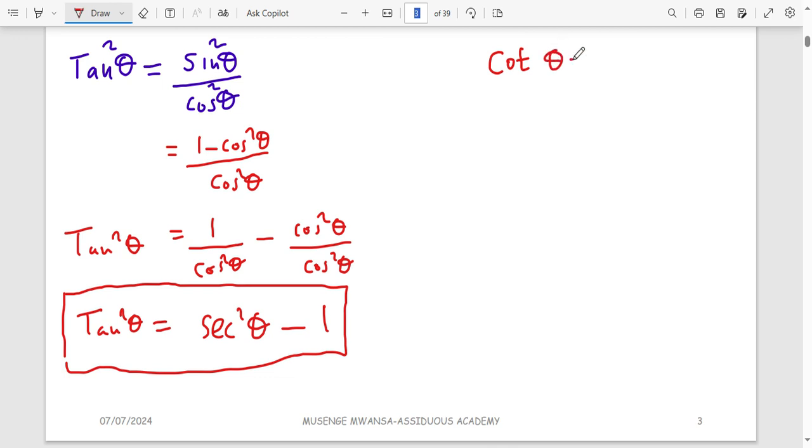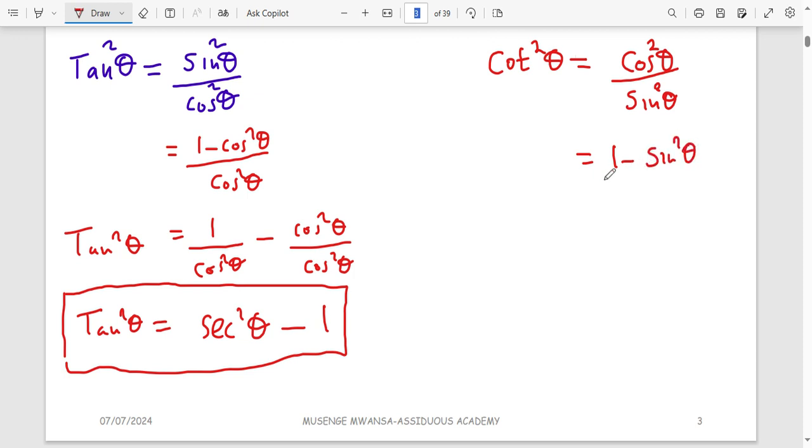And cot theta, since tan is sin over cos, then cot is going to be cos over sin. So if I square cot, I also square cos, I also square sin. So this ends up giving us, where there is cos squared, I can as well put 1 minus sin squared theta.